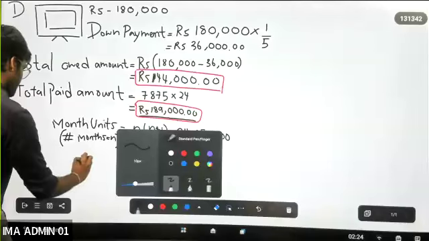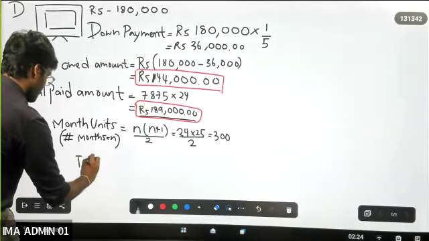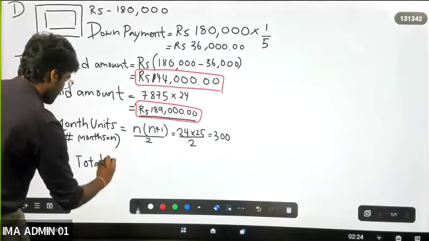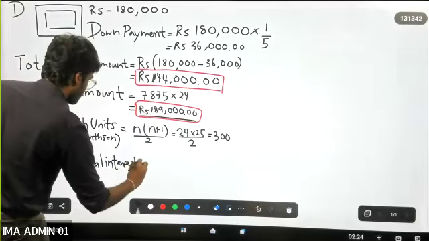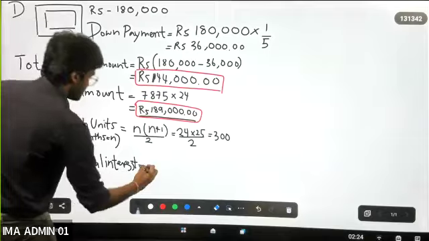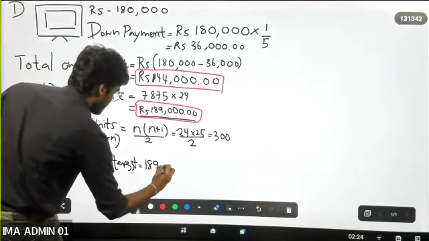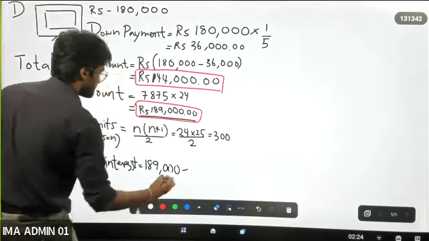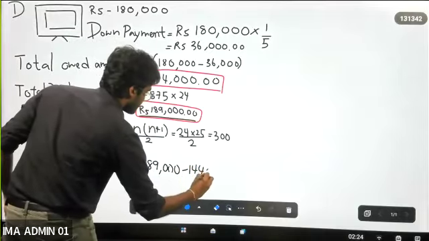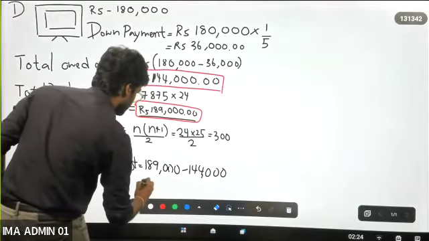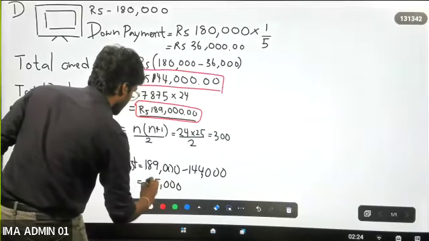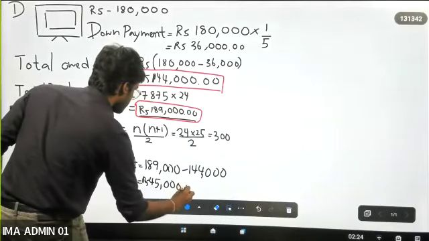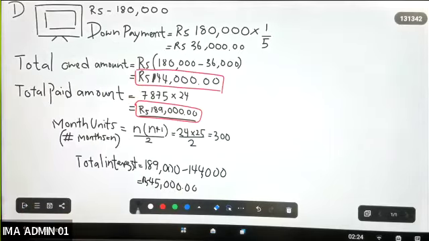We will write that down as well. Total interest. How much is it? 189,000 minus 144,000. ₹45,000 is the total interest, right?